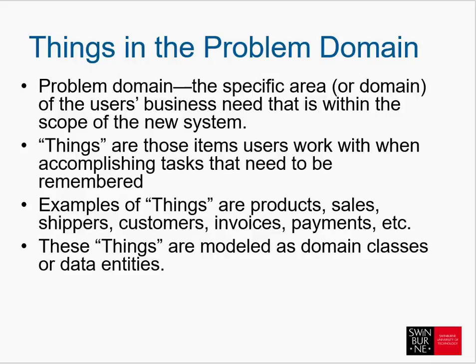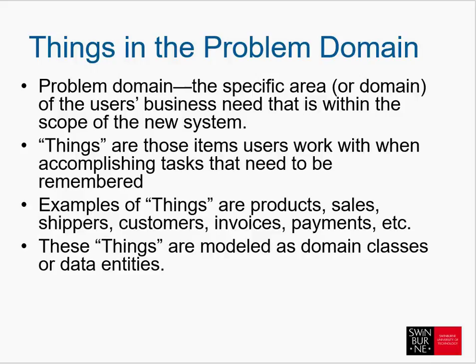For example, they are working with products, sales, shippers, maybe shipments when it comes to our Ridgeline Mountain Outfitters case study, and also customers. These are often referred to as things in the context of the system's problem domain.